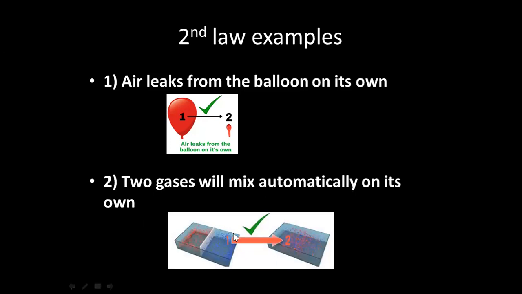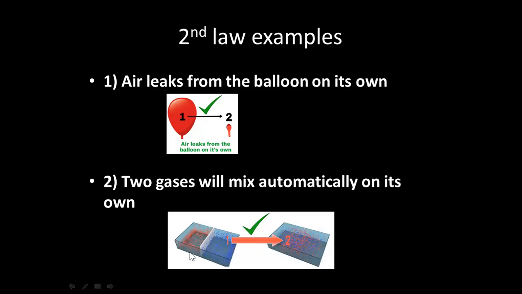As you can see here, in the initial state of the container, we have gas particles in red, which are the hot gas particles, and then we have the cold gas particles in blue on the right side.